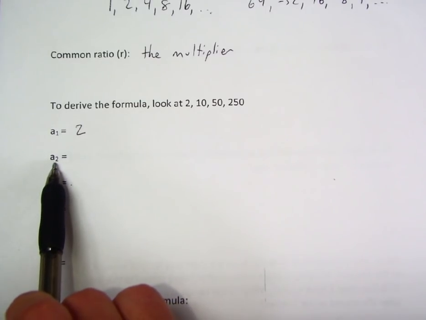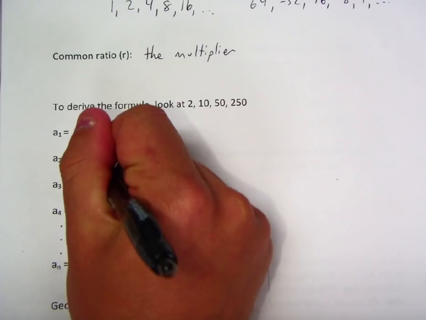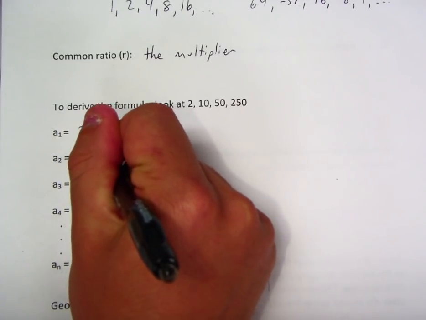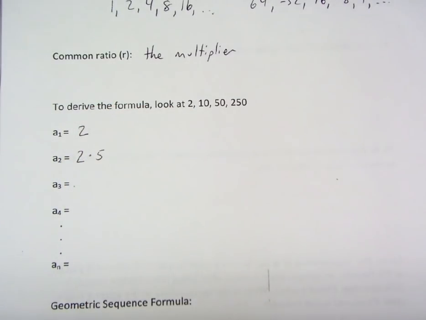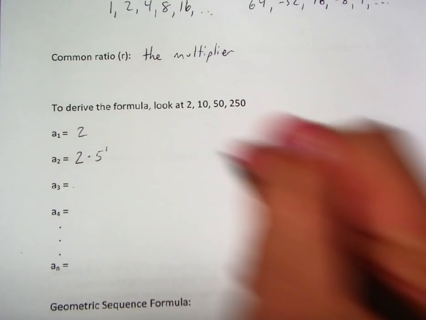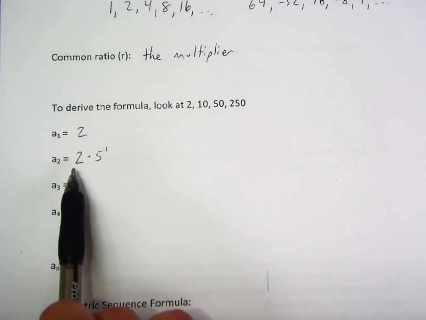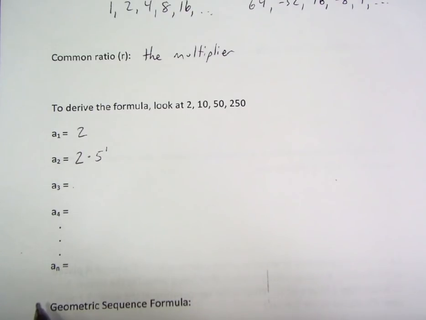Well, if I want to find the second term, I take the first term and I multiply it by 5. And I want us to write this as multiplying by 5 to the first power. You'll see why in a second. So to find the second term, you take the first term and multiply it by 5 to the first power.